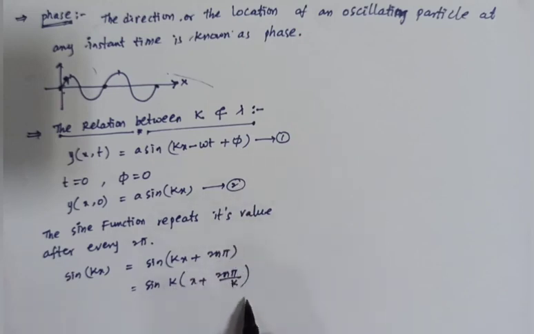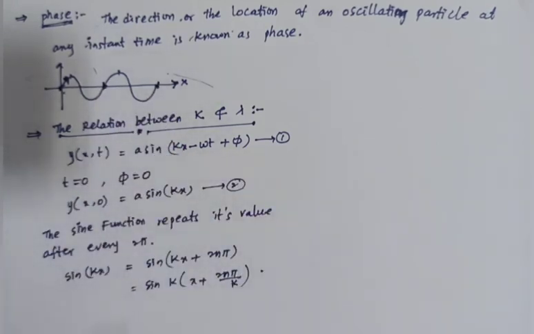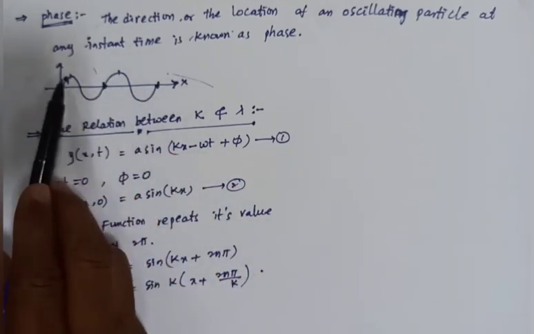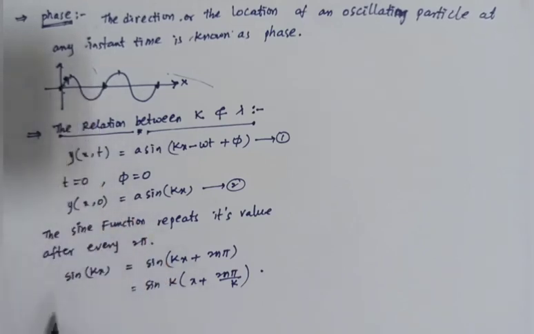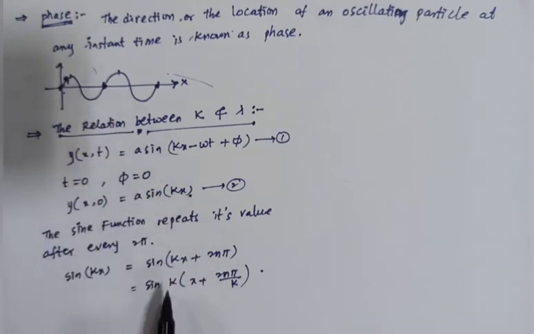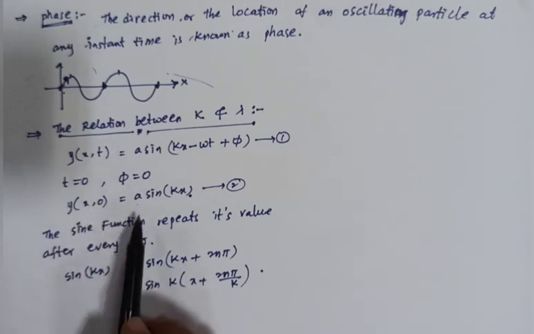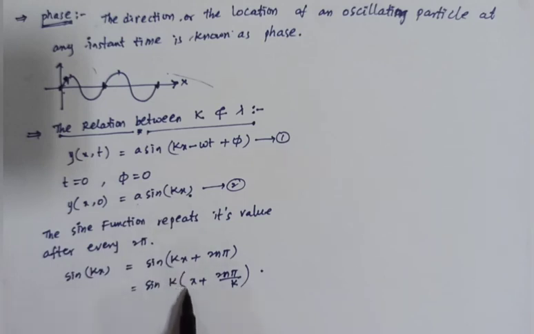In these two terms, the first point and the second point, at the first point we have a sin kx. At the second point we can write y(x, 0) equals a sin k(x plus 2n pi by k).